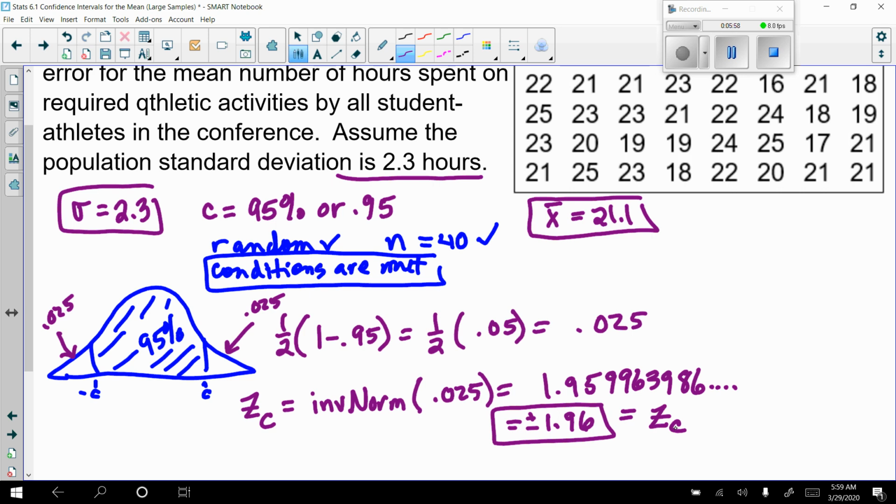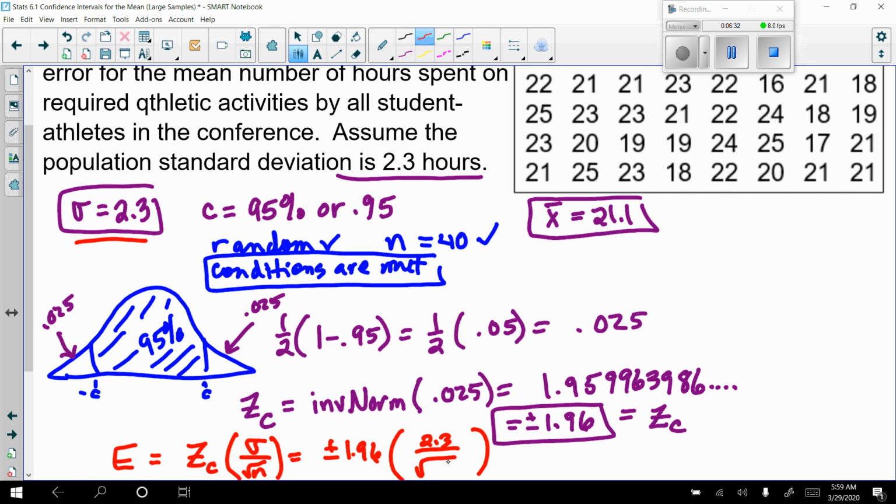Okay? From there, I'm going to find my margin of error, which is my E. My E is going to be my critical number times my standard deviation divided by the square root of n, which is going to be plus or minus 1.96 times my standard deviation, which is 2.3, divided by the square root of n, which is 40.